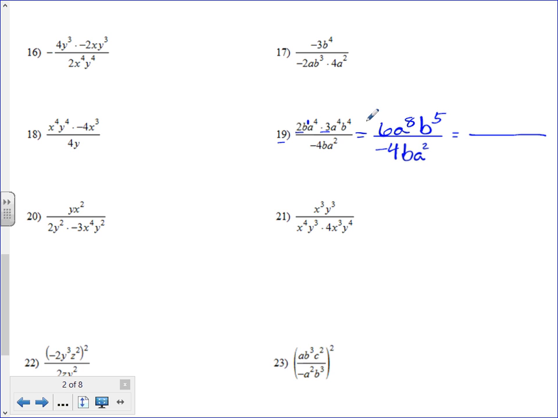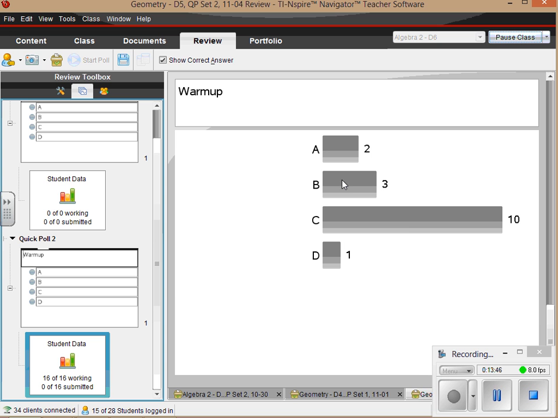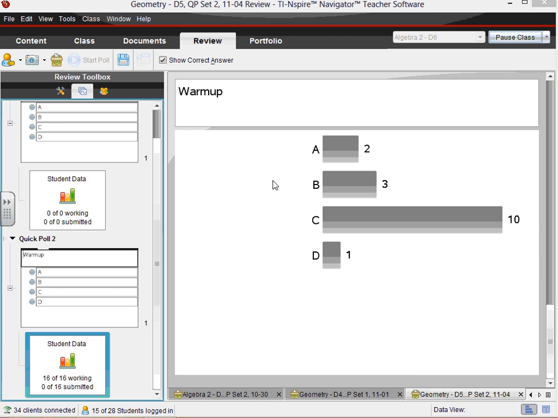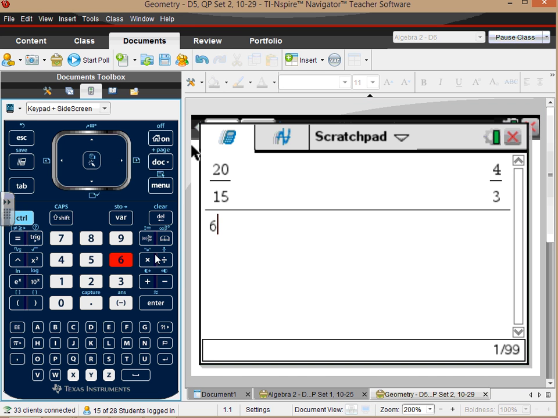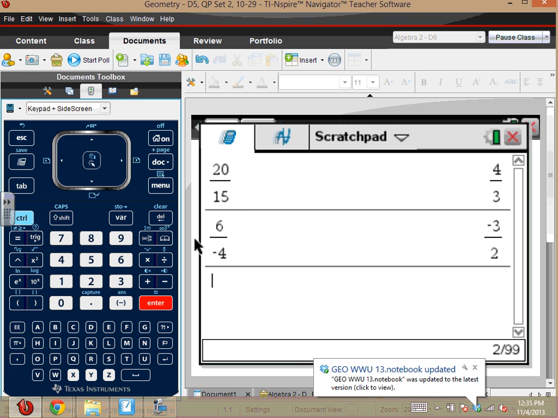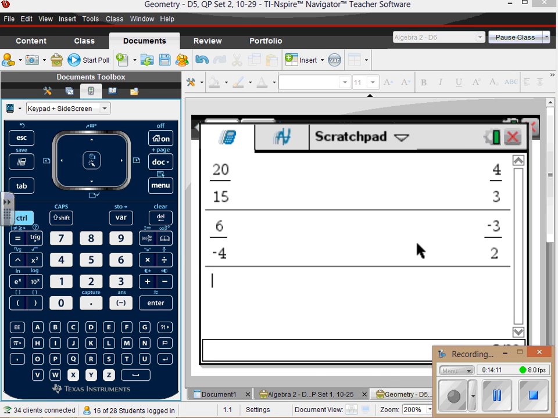But it's definitely easy to just put it into your calculator. 6 divided by -4, -3 over 2. Does it matter where the negative goes? No. It can be up in the numerator, down in the denominator, or out front, as long as there's only one negative sign.